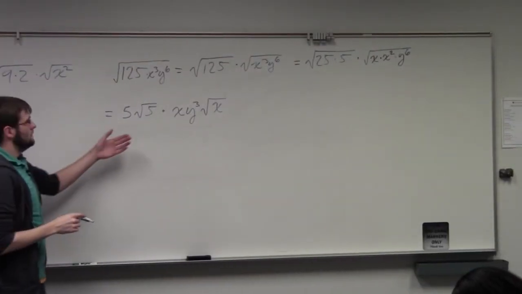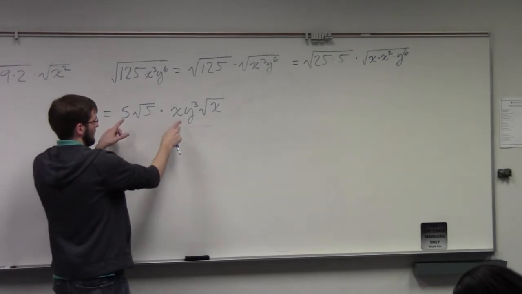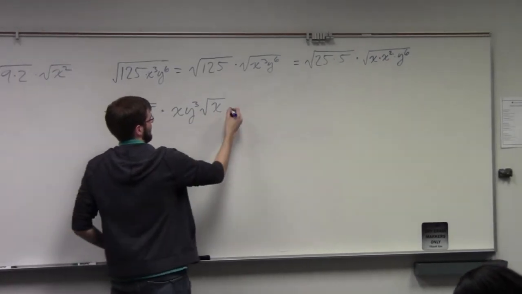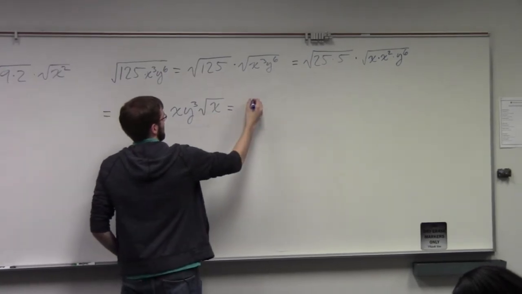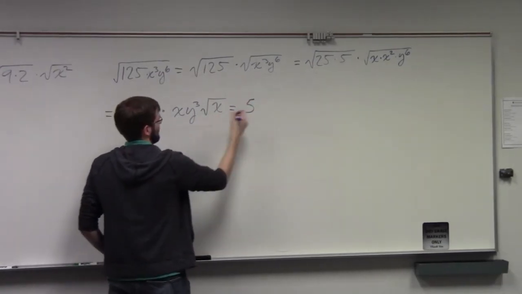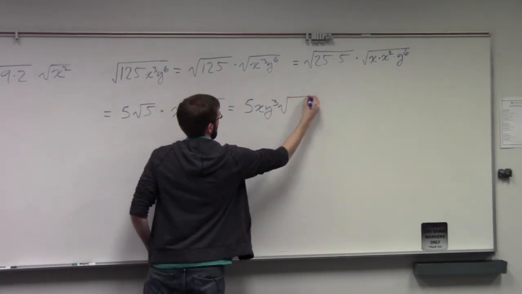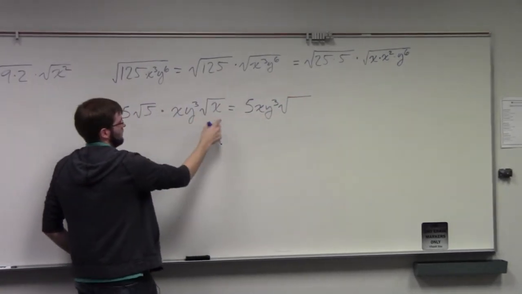Now I need to multiply the coefficients and the radicals together. So it's going to be 5xy to the 3rd power times the square root of 5x.